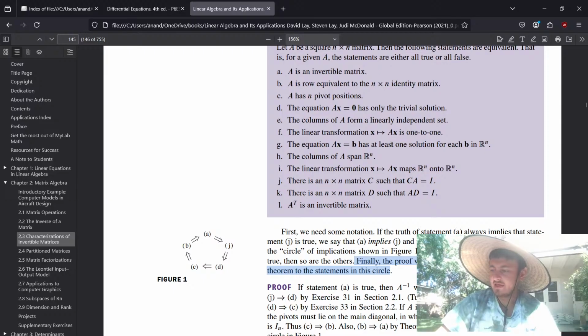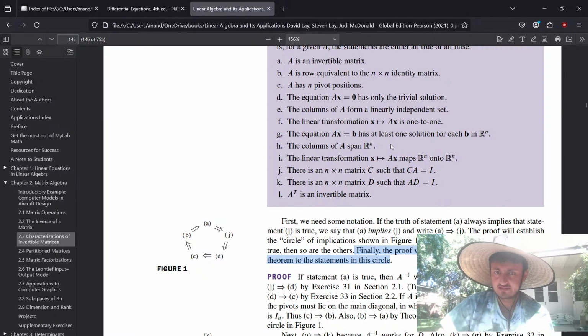Okay, so A invertible directly implies J, which is there exists C such that CA equals I. And that implies D, which is that AX equal to 0 only has X equal to 0.